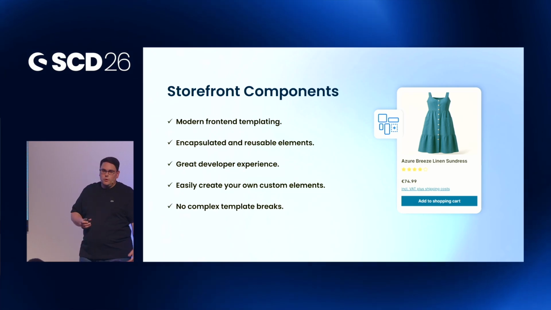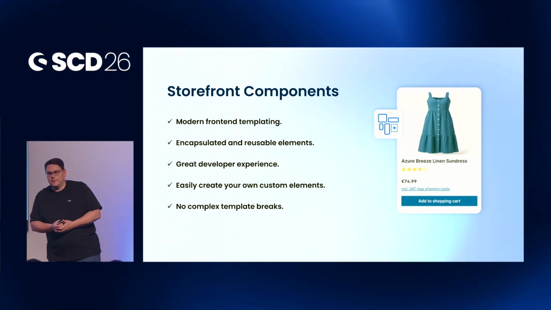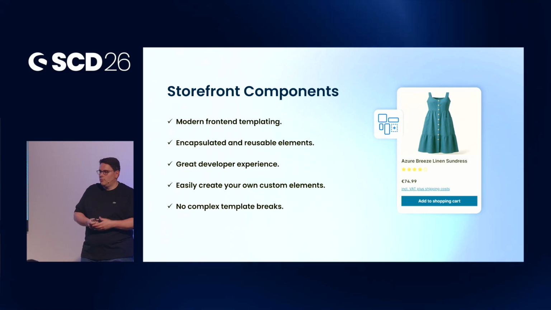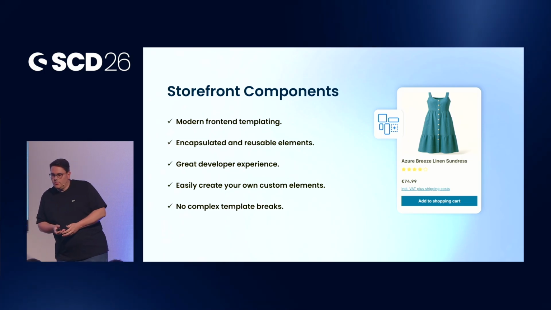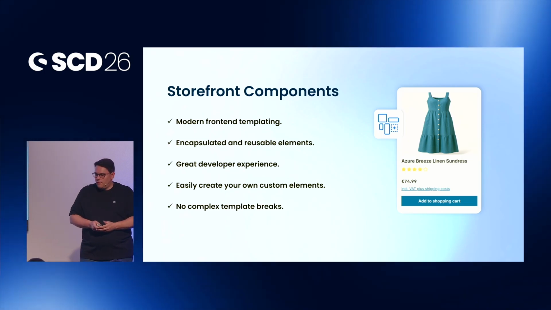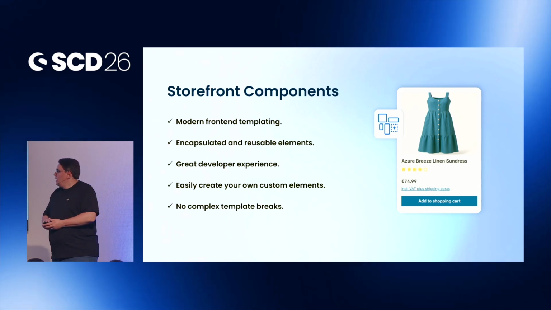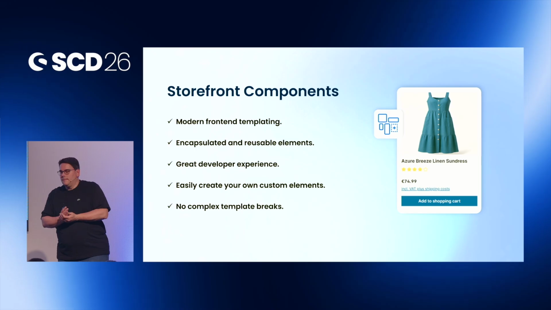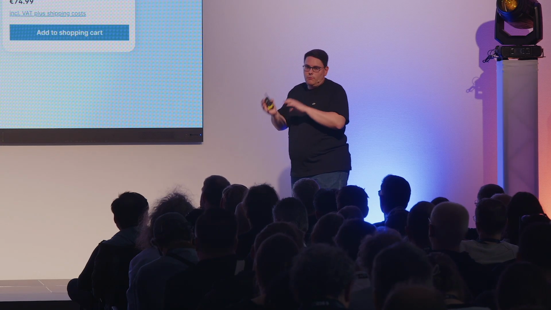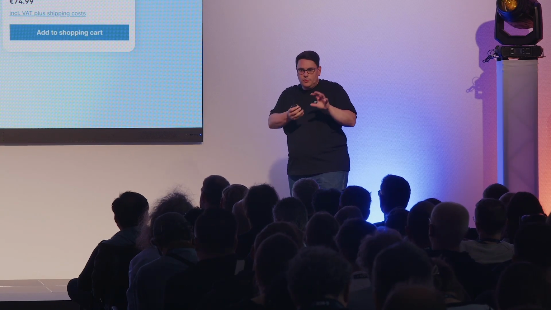We also don't want to leave our customers using the standard storefront alone, and we want to modernize the standard storefront. Therefore, there will be storefront components in the standard storefront too. With that, you can create new templates in a much more modular way, which can be reused and can easily be used in this new content system.